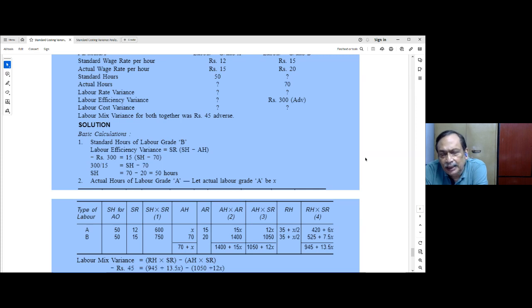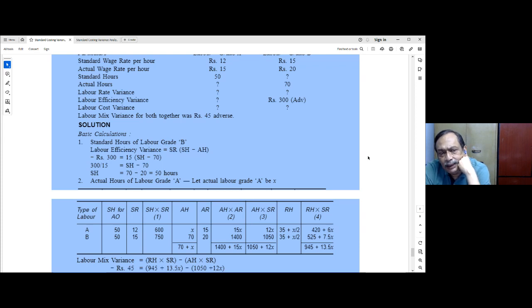Now, labor efficiency variance, we know, is standard hours for actual production minus actual hours multiplied by standard rate. Labor efficiency is given in the question, rupees 300 adverse. Hence we put minus rupees 300. Standard rate is 15. We do not know what SH is, but AH we know, 70.